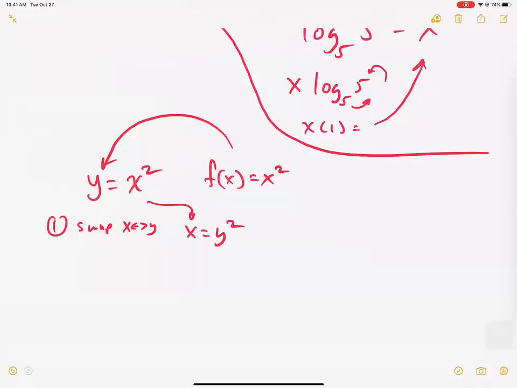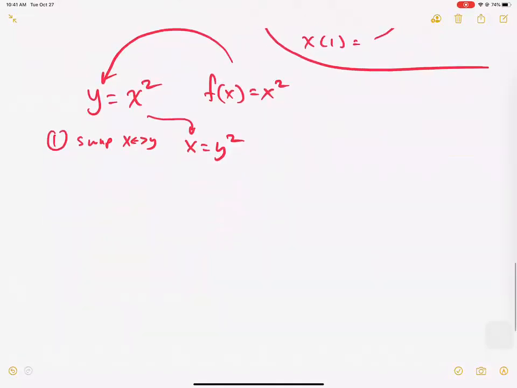So this is an algebra 2, algebra 1 activity. After we swap it, we then solve for y. So this becomes square root of x equals y. And then afterwards don't forget the plus and minus, right?